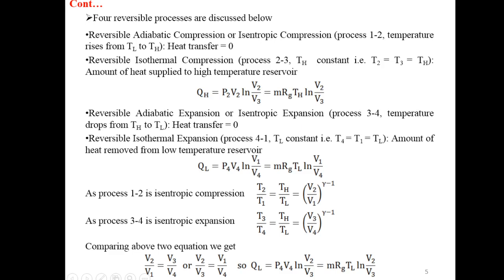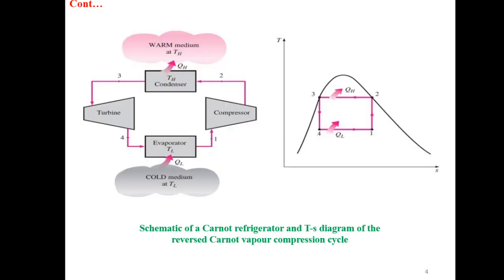Next process is reversible isothermal expansion, process 4-1. Here the temperature TL is constant, that is T4 equal to T1 equal to TL. Amount of heat removed from the low temperature reservoir. You can see from 4 to 1 the component is the evaporator. Now refrigerant at point 4 enters the evaporator, in which we have a cold medium at temperature TL.